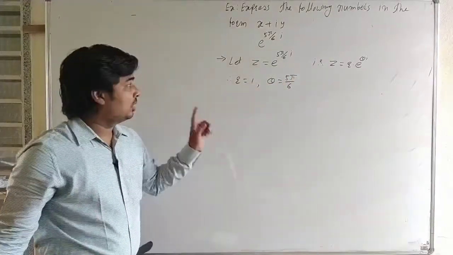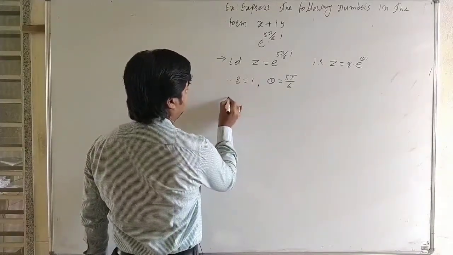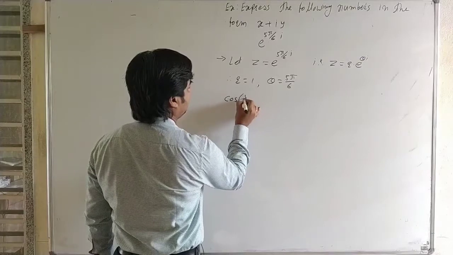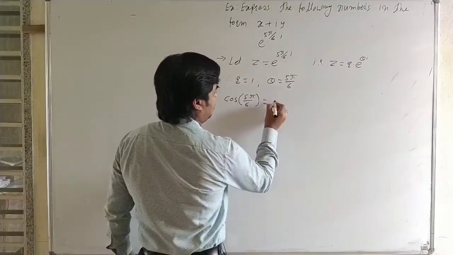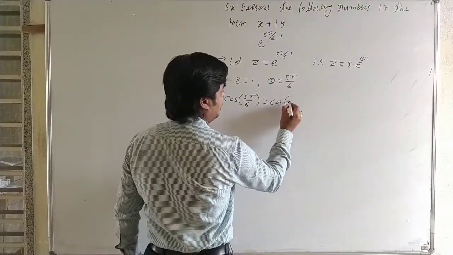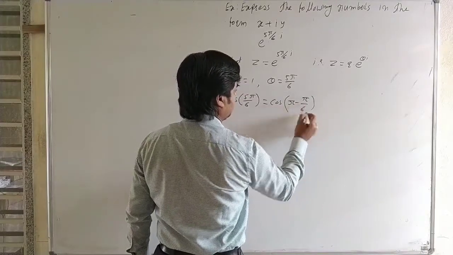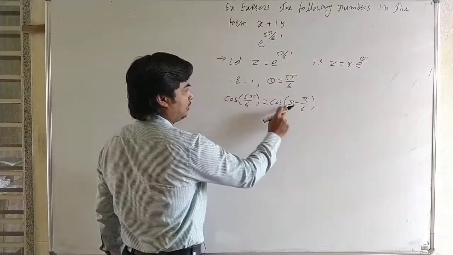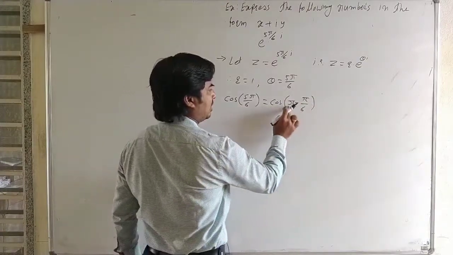Now here, first we find cos 5 pi by 6. It is cos 5 pi by 6, that means pi minus pi by 6. 6 pi minus 1, it is 5 pi by 6.